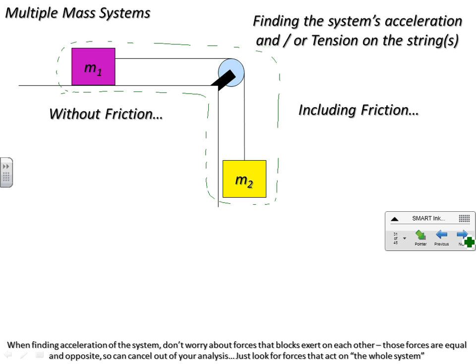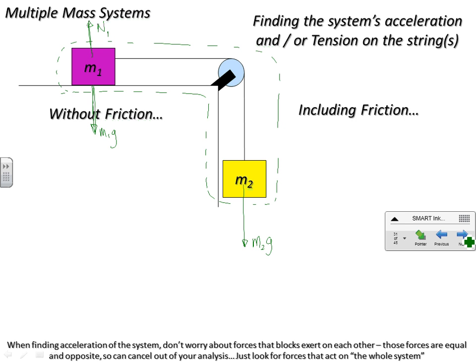Well, without friction, let's see. It doesn't hurt to draw all our forces. Here's M1G. Here's a normal force, I'll call it N1. Here's M2G, right? Those forces are coming out of the system, acting on the system. We don't care about tensions. Tensions are internal to the system.